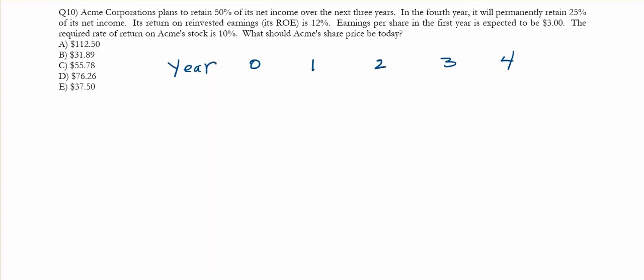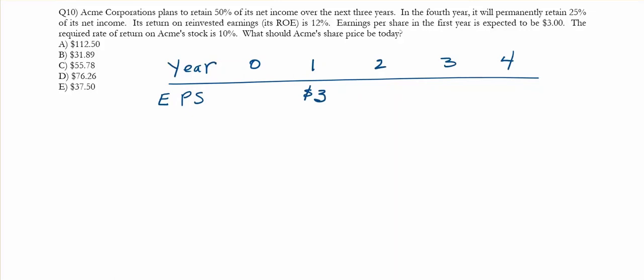So let's track it for up to 4 years, and then everything will become constant after that. Let's write down first the earnings per share. Now we're told that the earnings per share in the first year is expected to be $3. So at least here we're told directly what the earnings per share will be in year 1. We don't have to figure it out based on year 0.